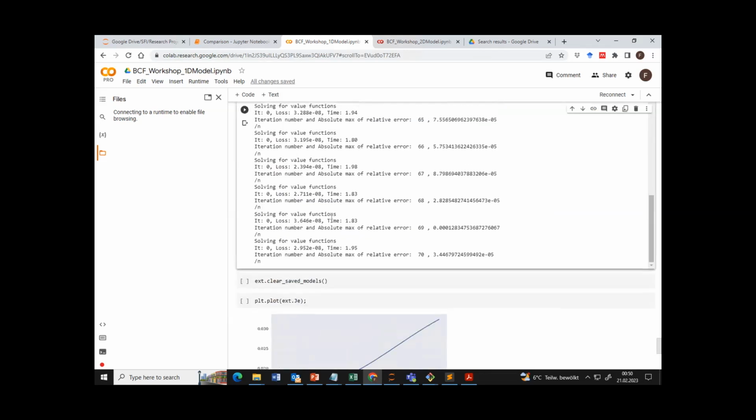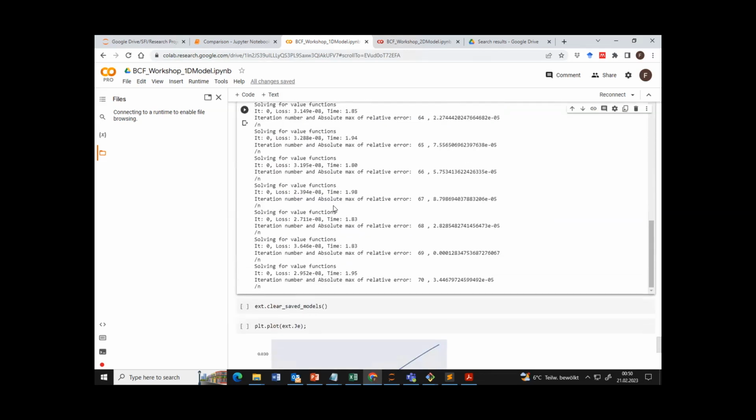I think I used my premium account to solve this, so I could solve this in 5 minutes, which is bad compared to finite difference. But if you solve a two-dimensional model, it's going to take you 10 minutes, and a three-dimensional model maybe half an hour. It gives you the ability to solve models that could not be solved using finite difference methods.